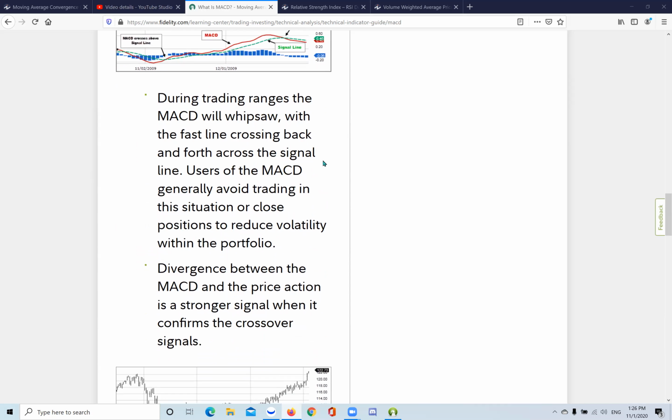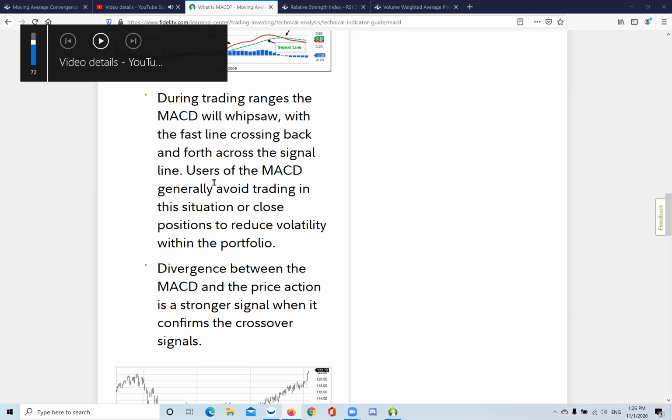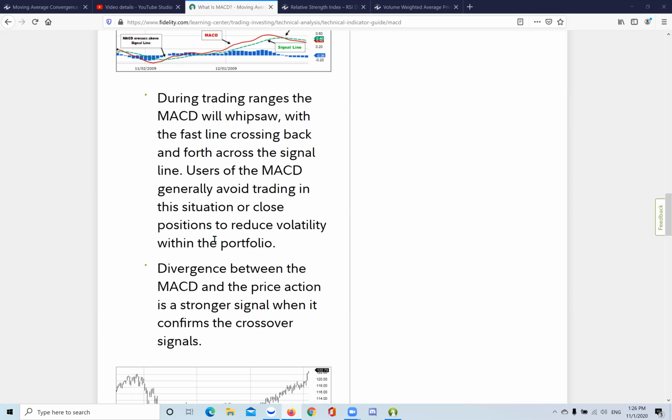During trading ranges, the MACD will whipsaw with the fast line crossing back and forth across the signal line.